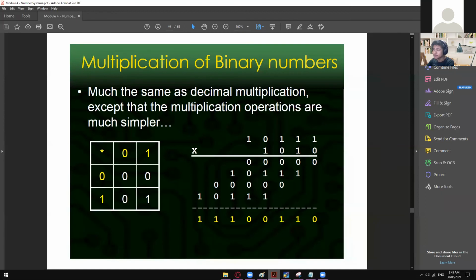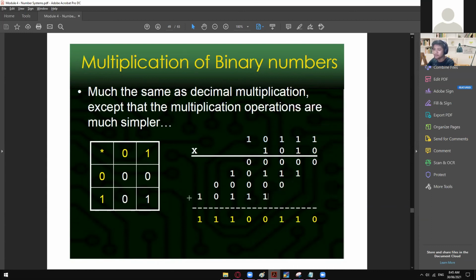So 0 multiplied to any number will be 0. 1 multiplied to any number will stay the same. So just simply copy that one and then move one space. So you get 1, 0, 1, 1, 1. And then 0 again multiplied to any number is 0. And then 1 again is simply copy everything. So we have 1, 0, 1, 1, 1.